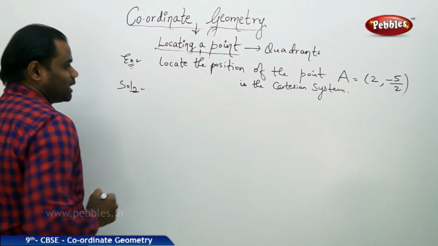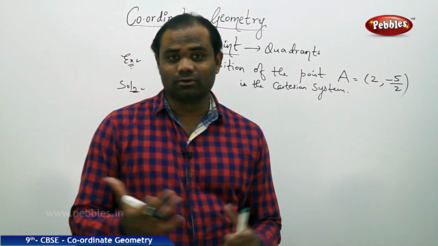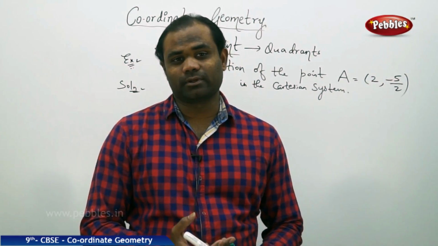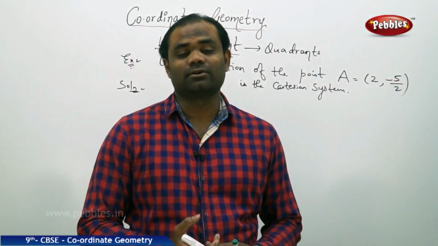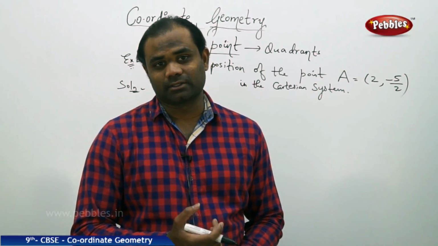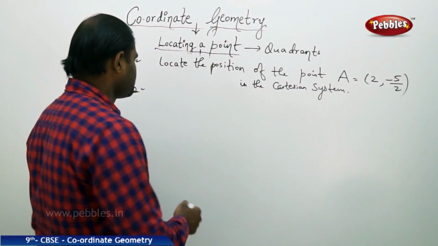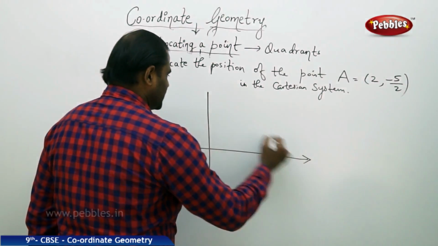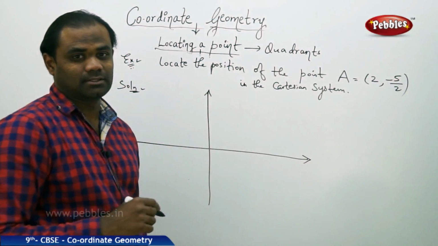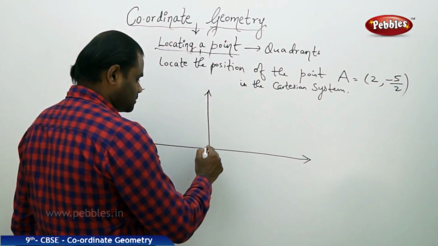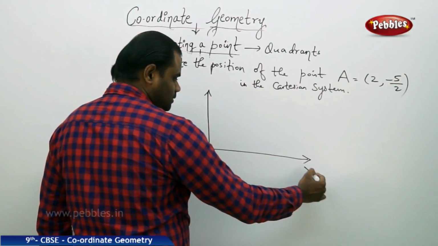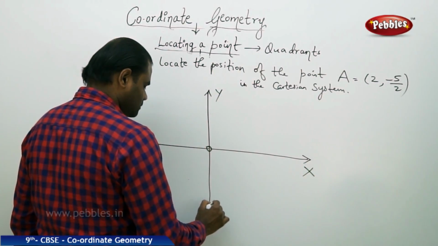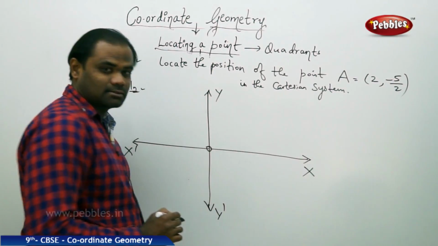The first thing I do before I locate the point is, of course, construct the Cartesian system, the base for locating the point, the base for identifying its quadrants. So let's construct the Cartesian system. Intersection of horizontal axis and vertical axis is what is called Cartesian system. Intersects at origin. This is x-axis and this is y-axis.